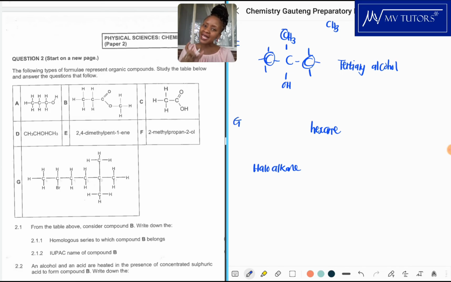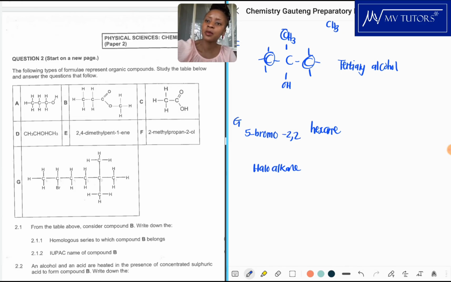But when we name it, what do we start with? Do we start with the methyl groups or the bromine atom? Well, you have to name them in alphabetical order. So B comes before M. Where is the bromine? On the 5th carbon. So it will be 5-bromo. I don't know if everything will fit. Probably not. So 5-bromo.